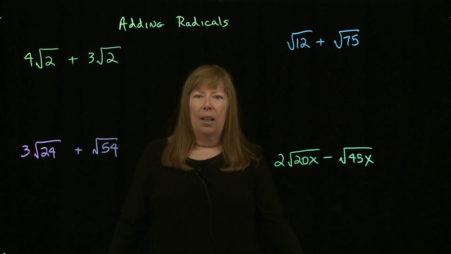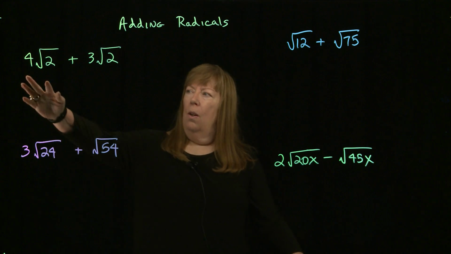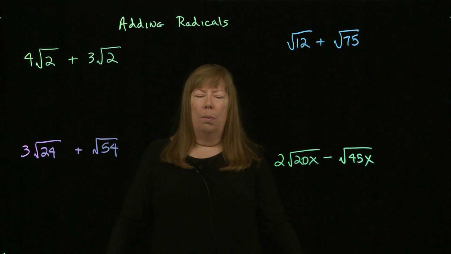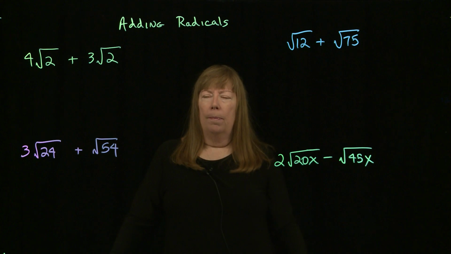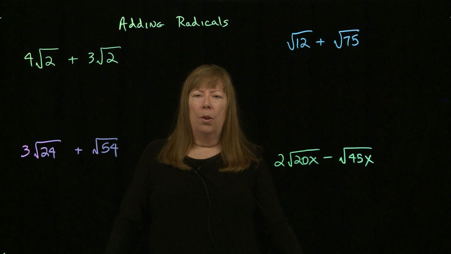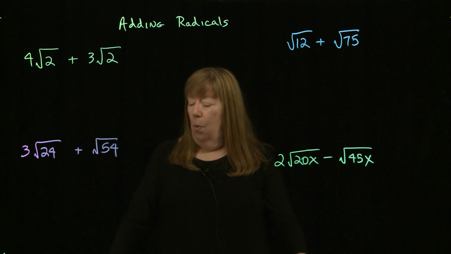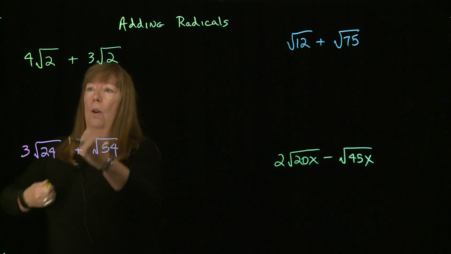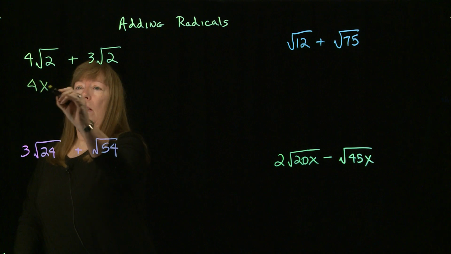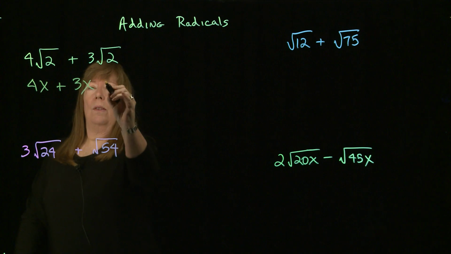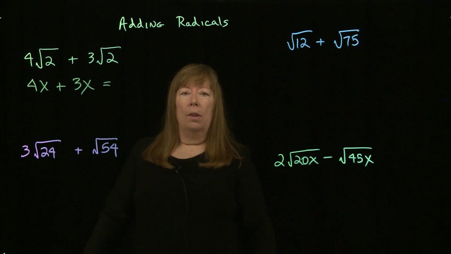Let's talk about adding radicals. 4 times the square root of 2 plus 3 times the square root of 2. You know what? That square root of 2 is a lot more like a letter than it is like a number. So what if it was actually 4x plus 3x? What would you do?